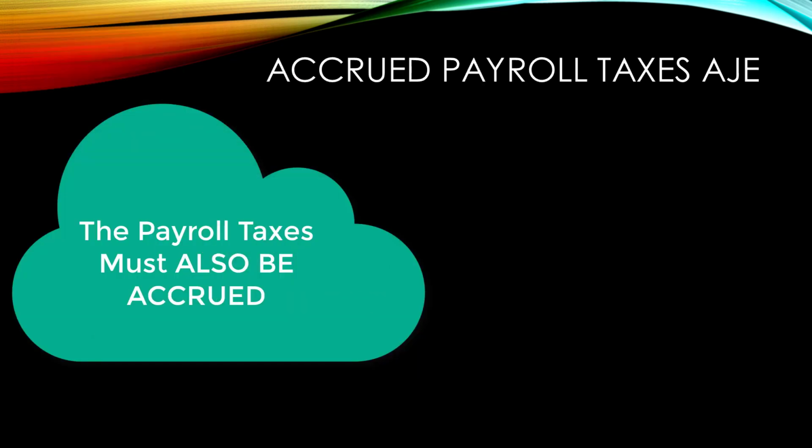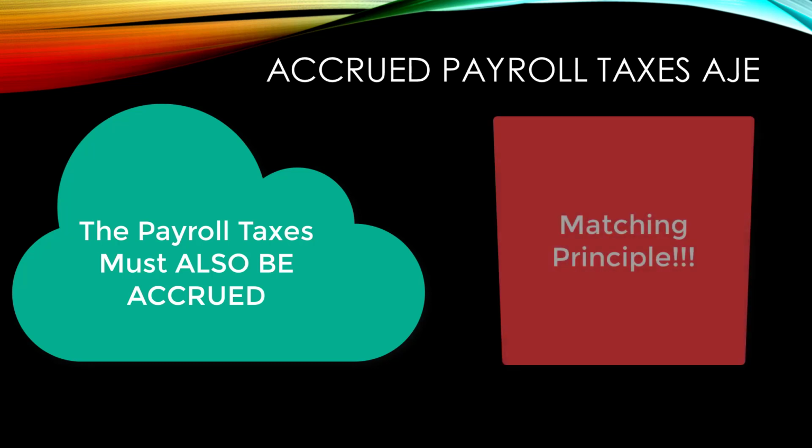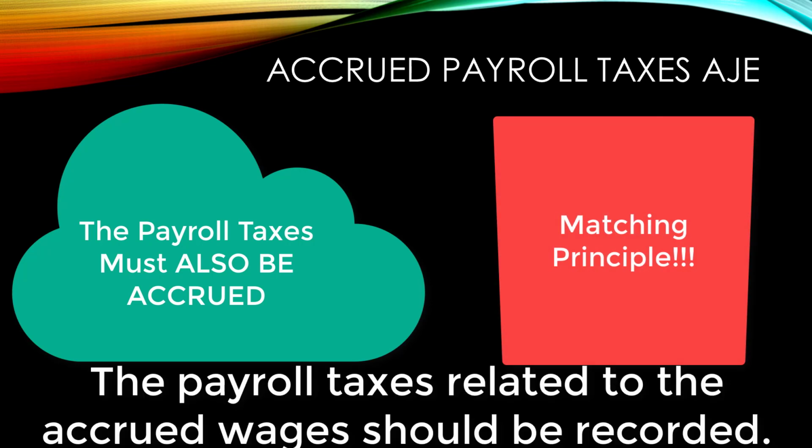For the same reasons, we must also accrue the payroll taxes. Although payroll taxes are not legally owed until the salaries are paid, businesses that want to match revenues and expenses in the appropriate period make adjustments to accrue the employer's payroll taxes. The payroll taxes related to the employees are recorded much in the same way as they were when we learned about them.